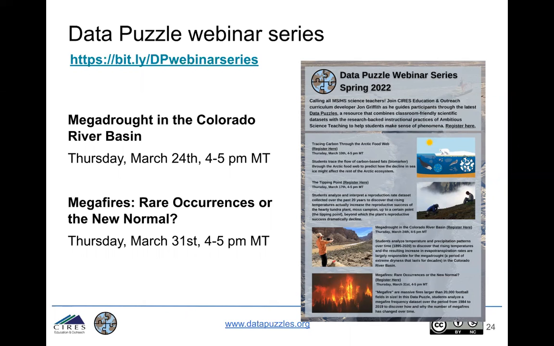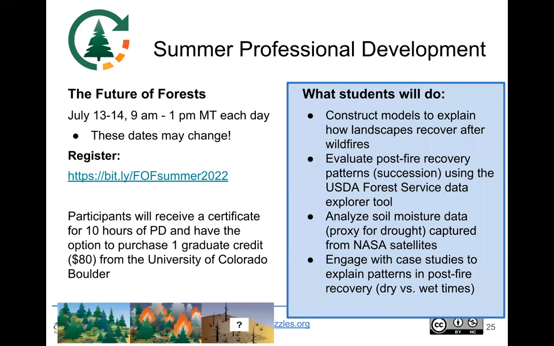So those two data puzzle webinars are coming up, as well as a couple of different summer professional development opportunities. The Future of Forests is a unit that I wrote about shifting patterns of post-fire succession in a warmer, drier world.